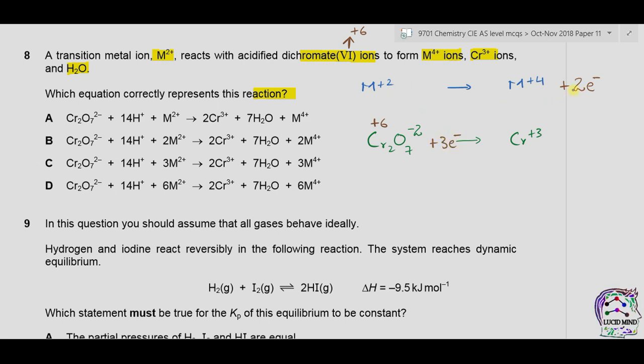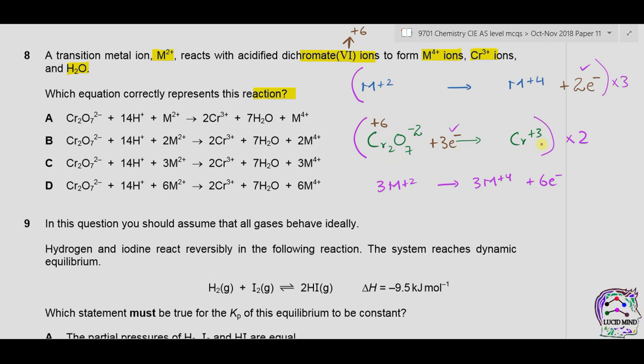Now in a balanced equation, the number of electrons lost and gained must be equal. So we can multiply the second equation with 2 to make it 6 electrons, and we can multiply the first equation with 3 to make it 6 electrons. Rewriting the first equation, we have 3M+2, which gives 3M+4 and 6 electrons.